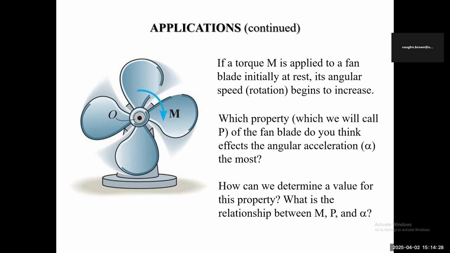So O is the origin, and it has a mass coming around. So the fan blade will have a mass, and it will rotate around that point on your fan at O, right? How can we determine a value for that property? So there's a property that will affect how it rotates around that. What is the relationship between your mass, the property, and the angular speed? You know what is P? What do you think is P? Anybody want to guess?